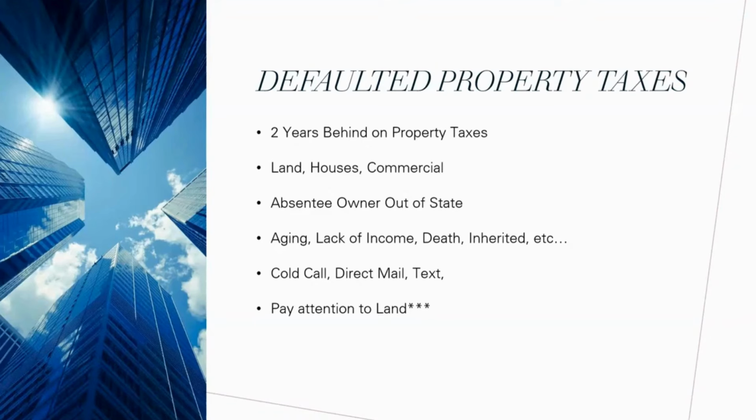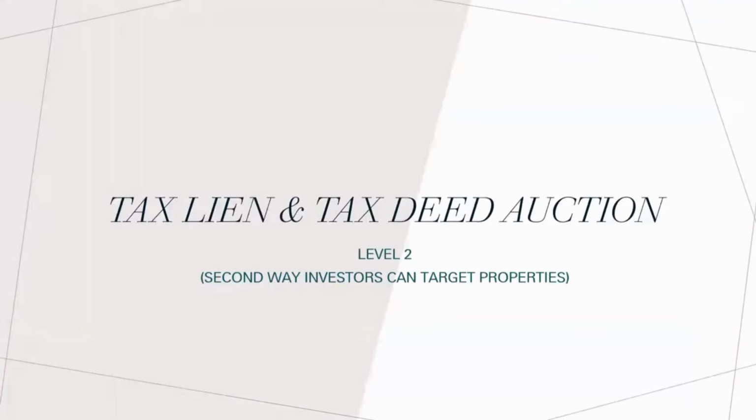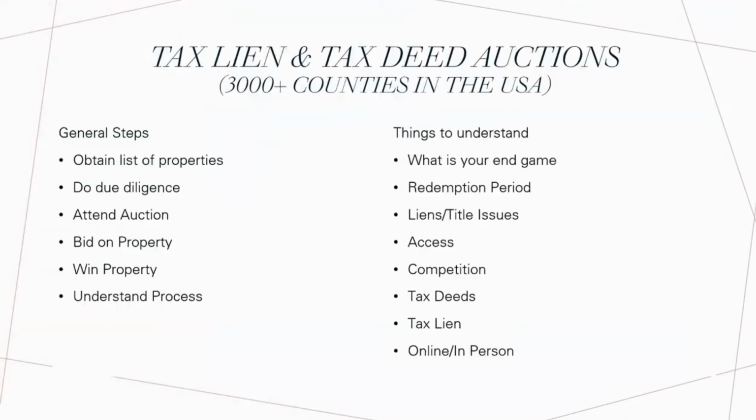So this is the first way many investors can get involved in this whole delinquent tax investing umbrella. The second way, or the second level, is at tax lien or tax deed auction. Now, some general things, and obviously this is not everything, but some general things you have to understand is there are over 3,000 counties throughout the United States.